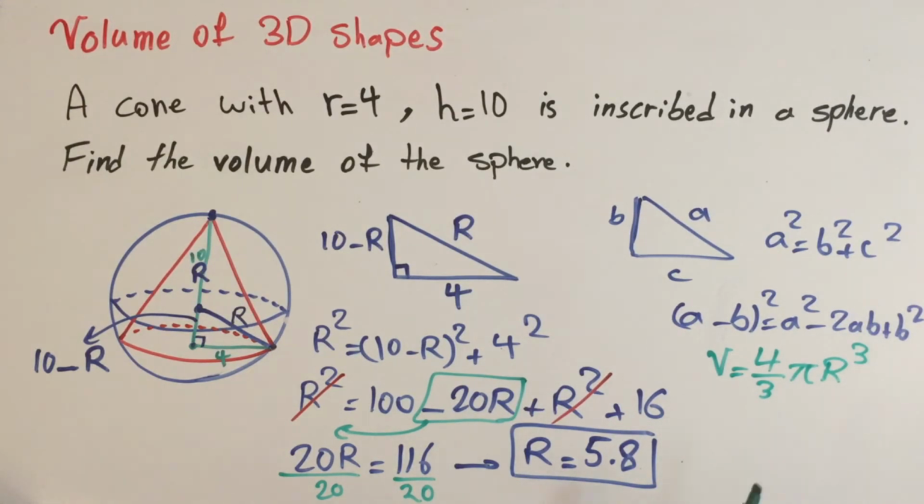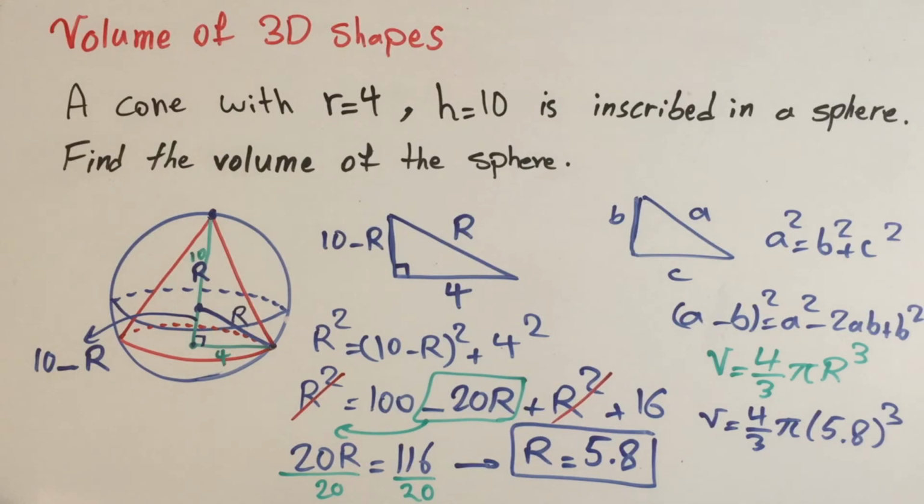So basically all you have to do to find the final answer is substitute this number into the equation that you have here. So the answer is going to be V equals 4 over 3 pi times 5.8 cubed.